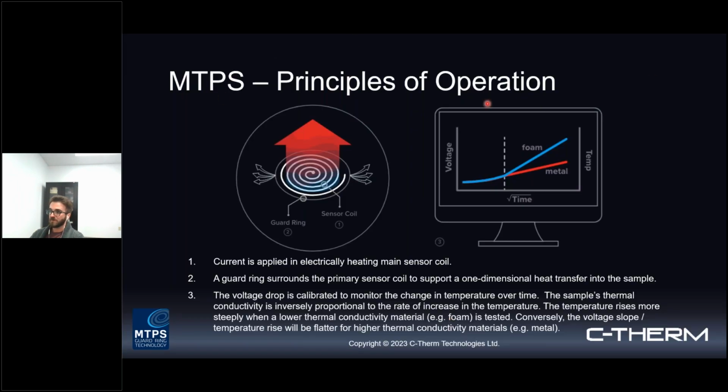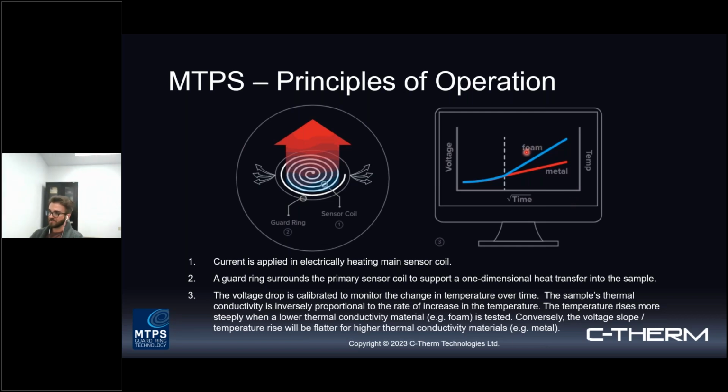So from a principles of operation standpoint, again, not going to go too deep into it here today, but high level, the sensor coil on the top side of the chip heats up to deliver a pulse of thermal energy for our measurement. The system is simultaneously monitoring the change in temperature that occurs as a function of time.